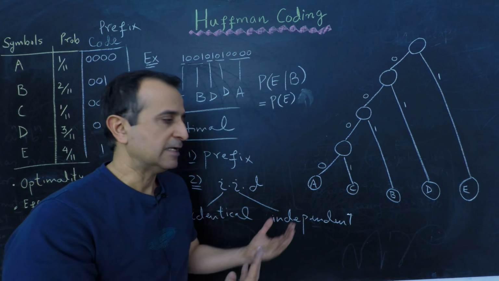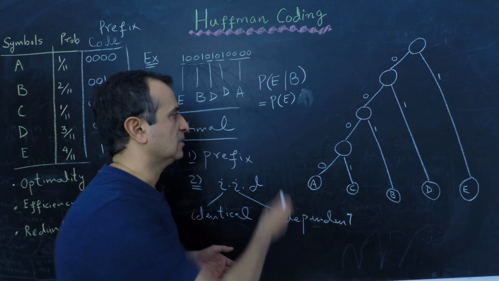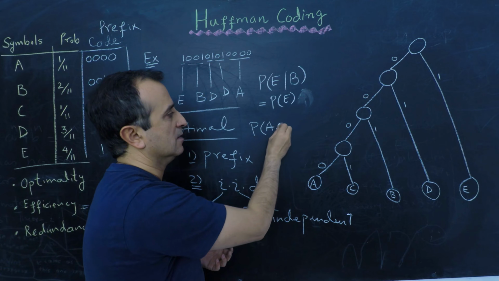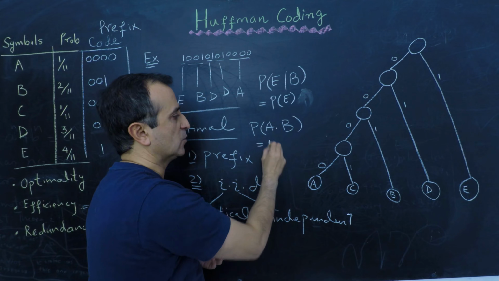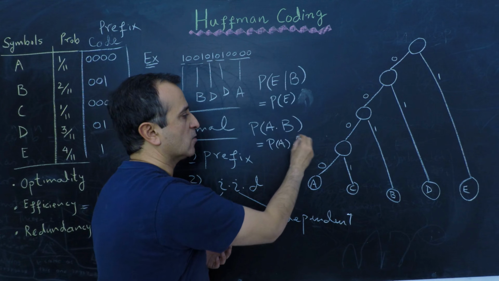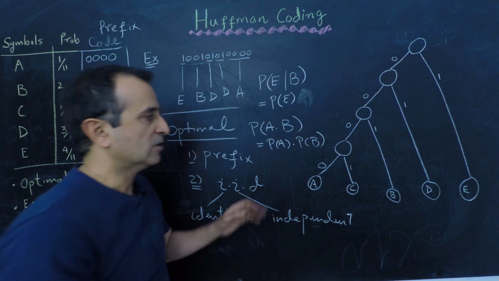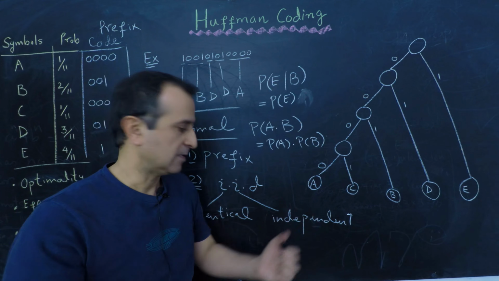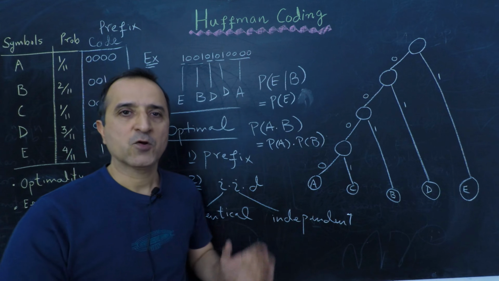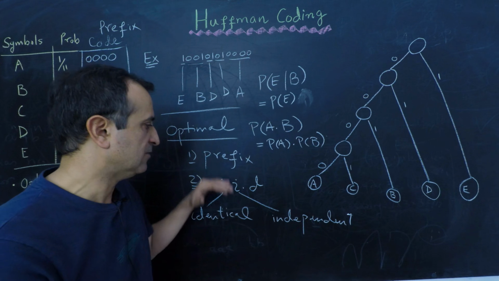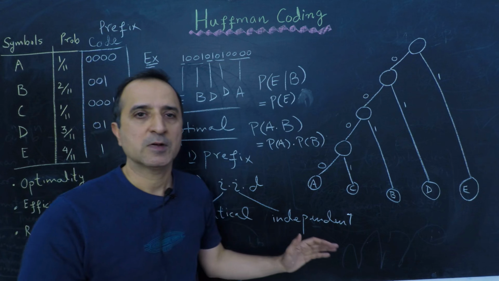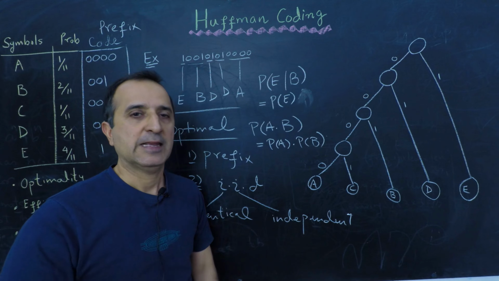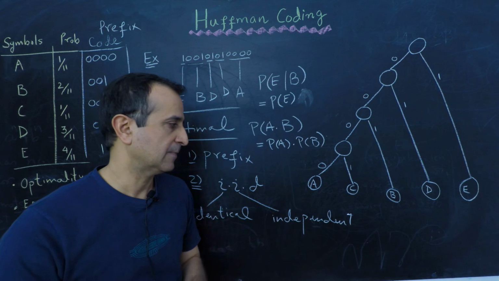In case of independent distribution, the probability of A and B will be equal to the probability of A times the probability of B. We don't have to use conditional probability here because A and B are independent random variables. So that's it. Huffman coding is optimal when we have these two conditions. Otherwise, it is not optimal. So far, we don't know any compression algorithm that is optimal in general for any kind of data.